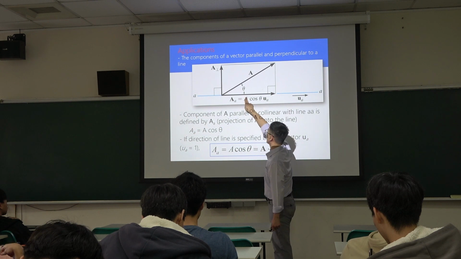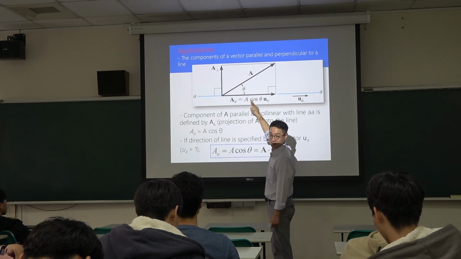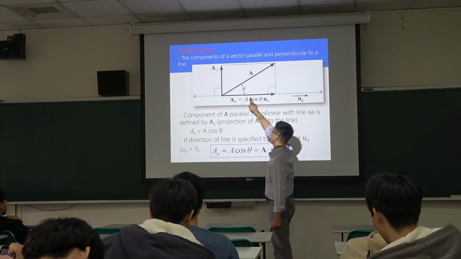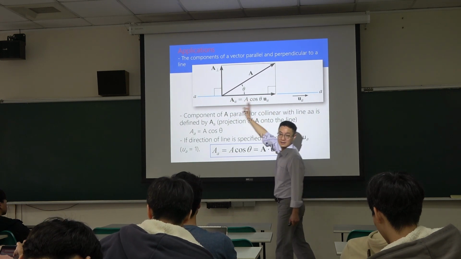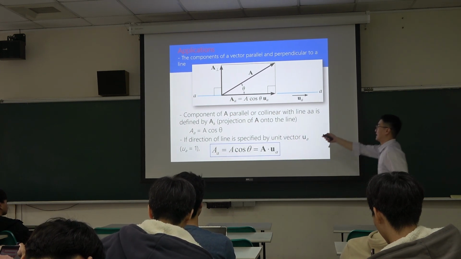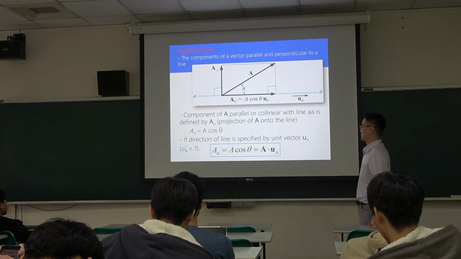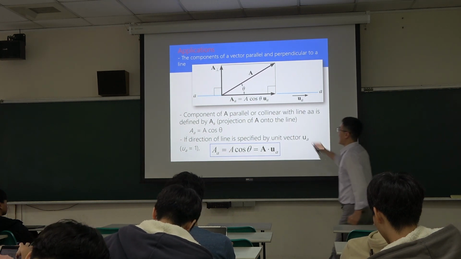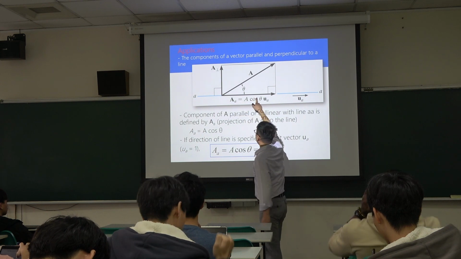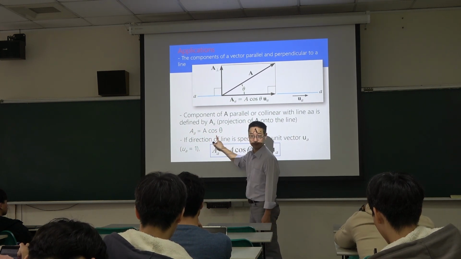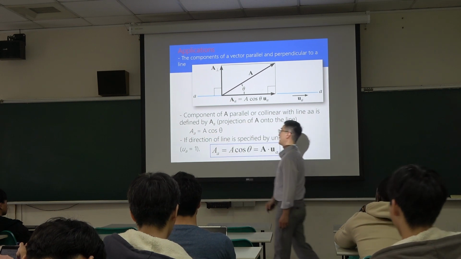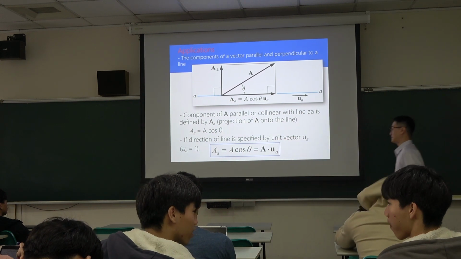And here is a scalar. Cosine theta is also only a value. So scalar times unit vector gives the vector for AA. Okay, so AA as a scalar can be represented using this. Okay, only A cosine theta.